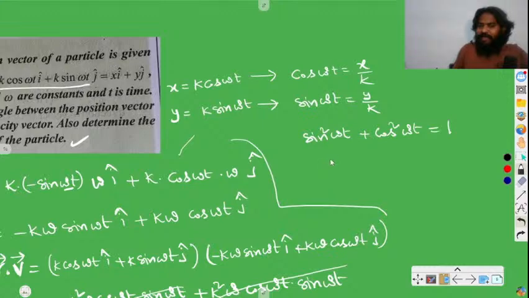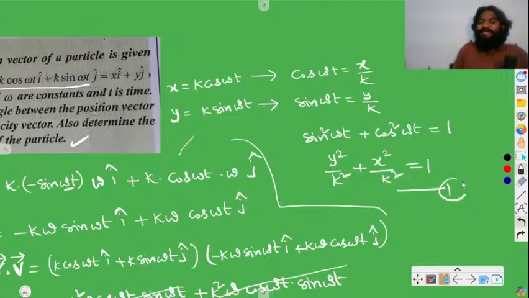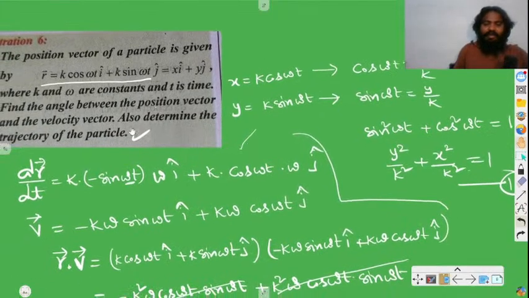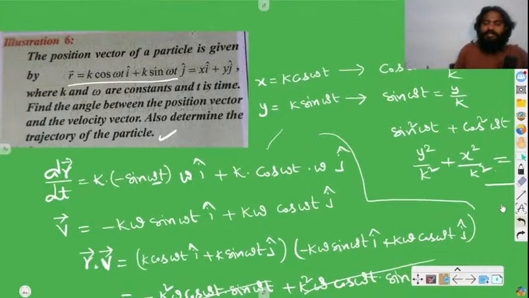Y square by k square, plus cos square is x square by k square, that is equal to 1. This is exactly the equation for circular motion. So it means that the trajectory of the particle is a circle.